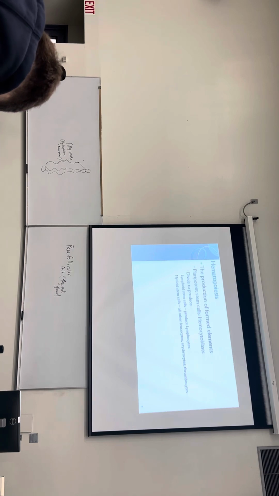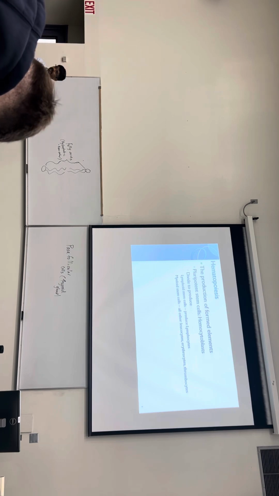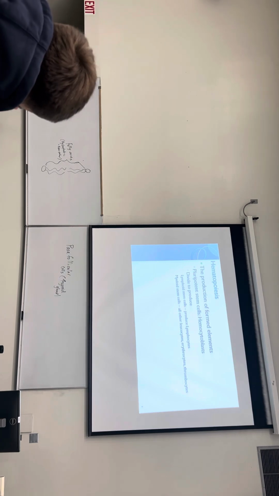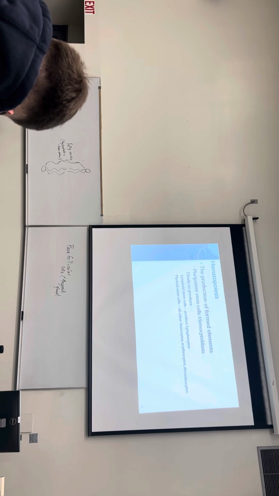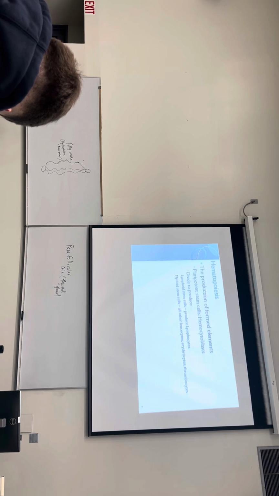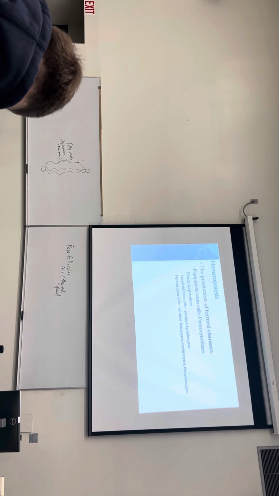You may have heard of myeloid in cancer conversation. What is that? What kind of cancer? Leukemia, myeloid leukemia. That tells you which line the cells are coming from. Lymphoid leukemia is coming from the lymphocytic stem cell line.